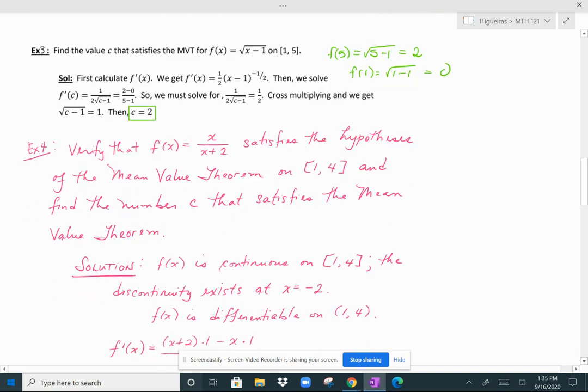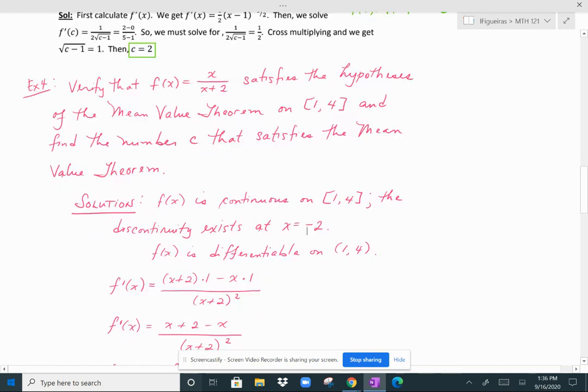Okay, so this function is continuous over all real numbers except at -2. So at -2, you'd have a vertical asymptote, and so the function would not exist at -2. -2 does not fall within this interval, so we're okay. It is continuous.